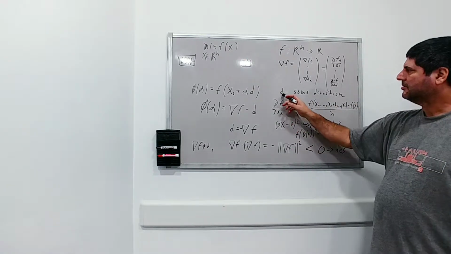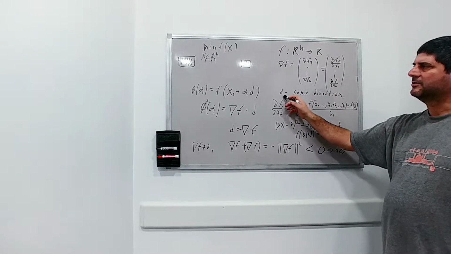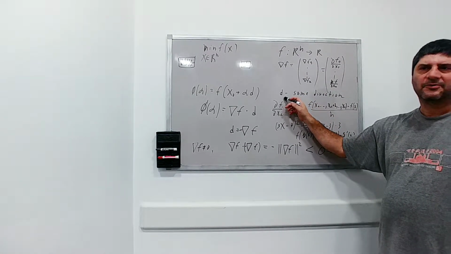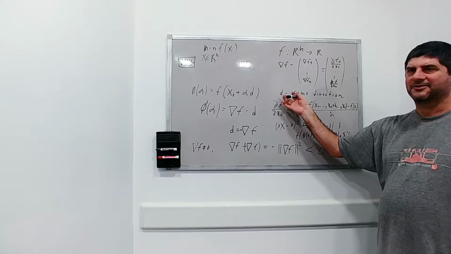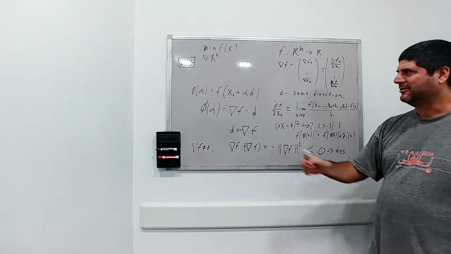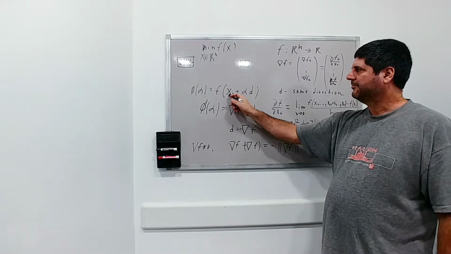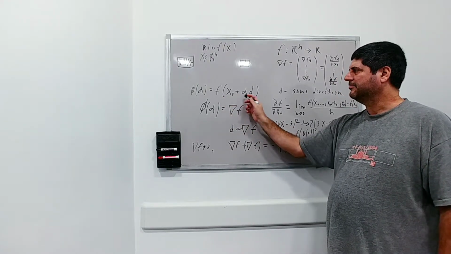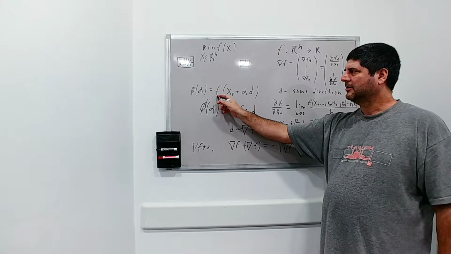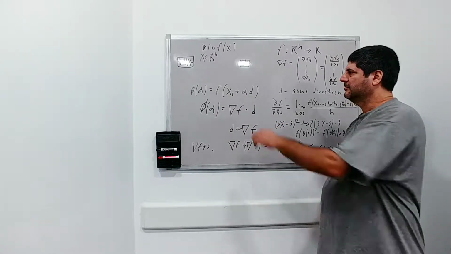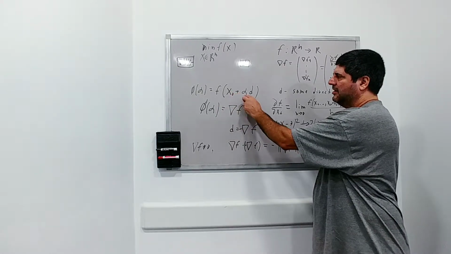So let d be any direction, and we want to find a descent direction, one that goes down. So we can look at this function, which takes any point in that direction, x0 plus alpha d, and we calculate f at that point. Alpha is a scalar.